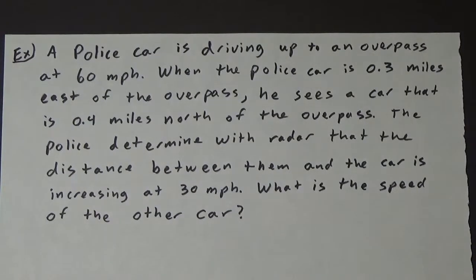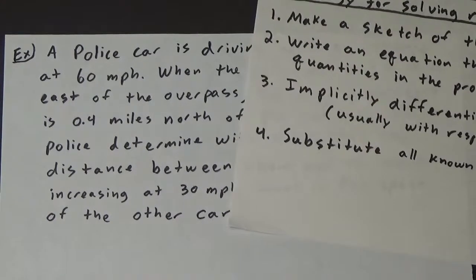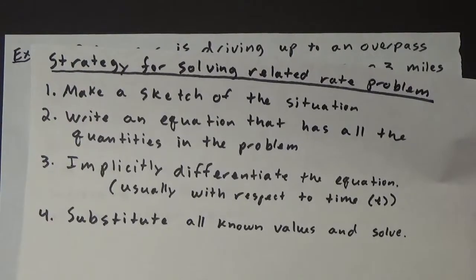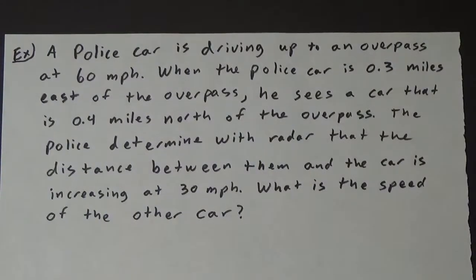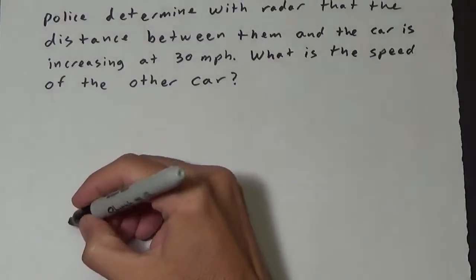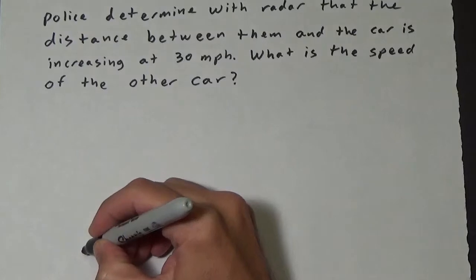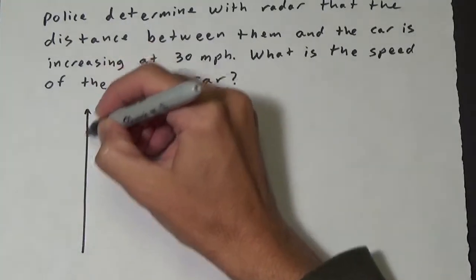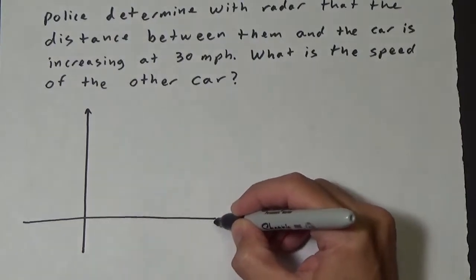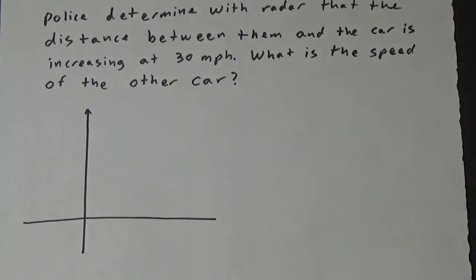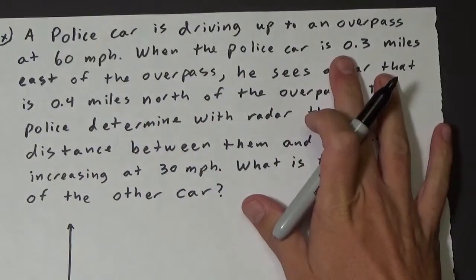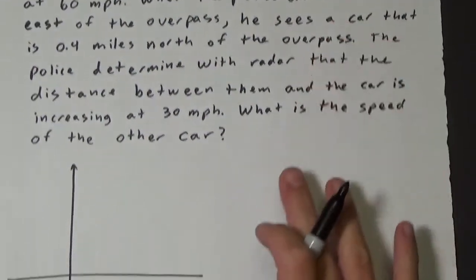Okay, so let's look at our strategies again for solving a related rate problem. Step number one is to make a sketch of the situation. So let's go ahead and do that. In this particular example, we have some overpass. It says here that a police car is 0.3 miles east of the overpass.